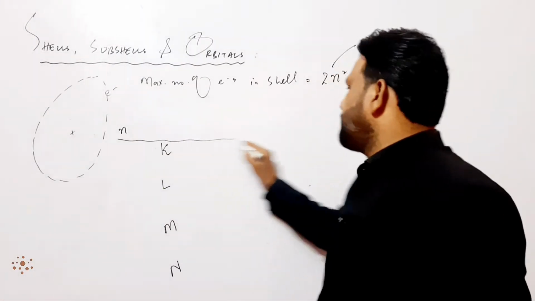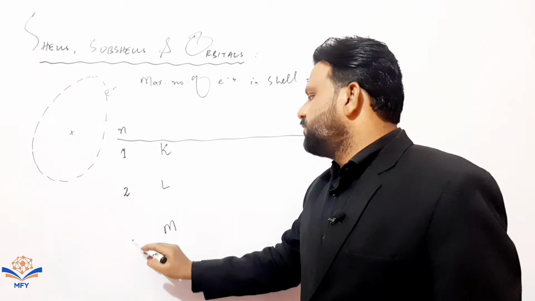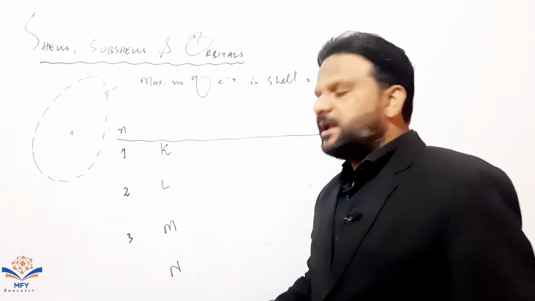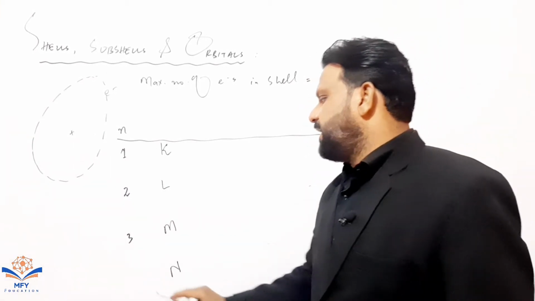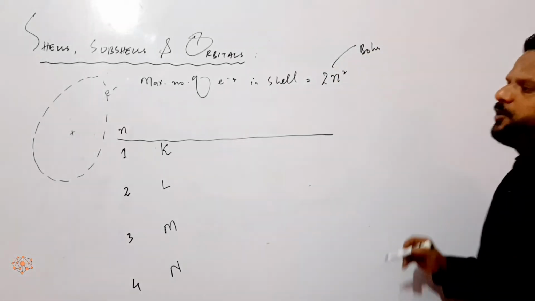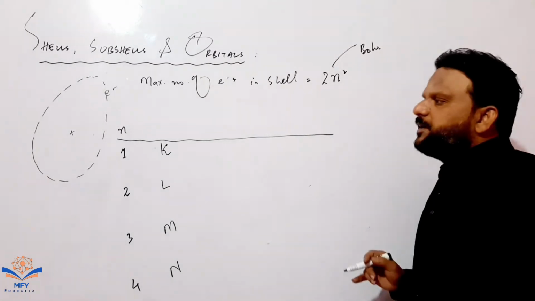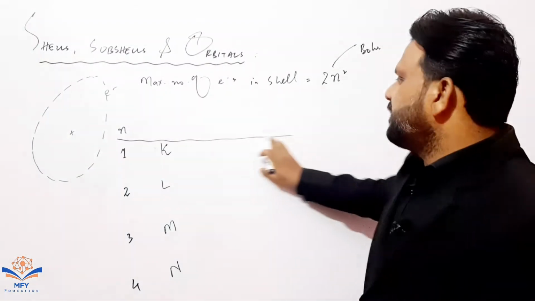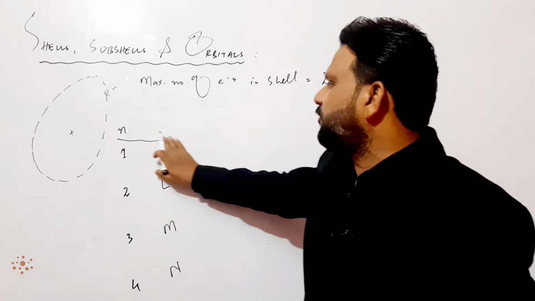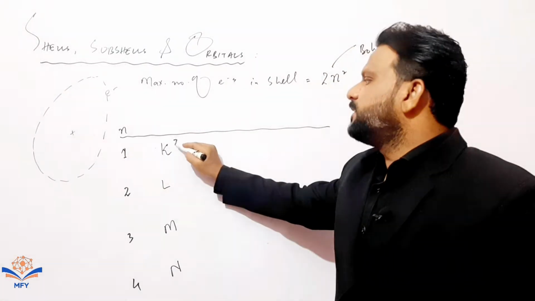Here n is the number of the shell: for K shell n is 1, for L shell n is 2, for M shell n is 3, and for N shell n is 4. If we put n equal to 1 in the formula, it becomes 2 electrons. It means that the maximum number of electrons in K shell is 2.